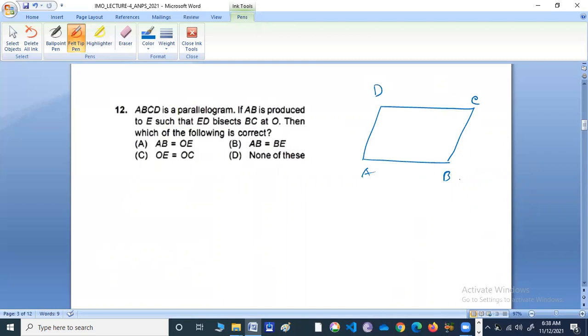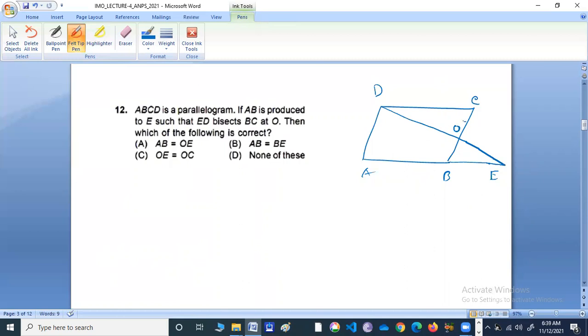AB is produced to E such that ED bisects BC at O. Okay. Bisects. So this is O. Which of the following is correct?